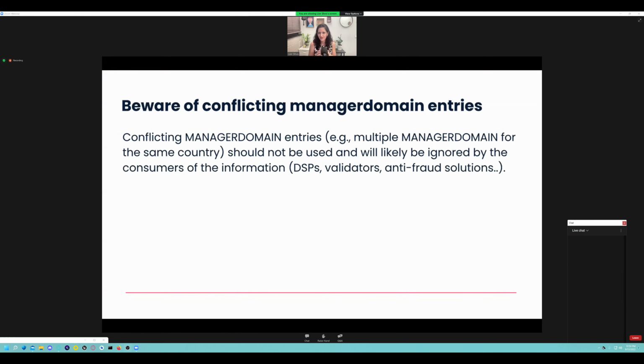Again, it's a great opportunity to make sure this is happening, because if there are conflicting manager domains, as written here, they will likely be ignored by the consumers of this information, which are the DSPs and also validators, anti-fraud solutions, and so on. So you should be very careful not to implement more than one manager domain entry.